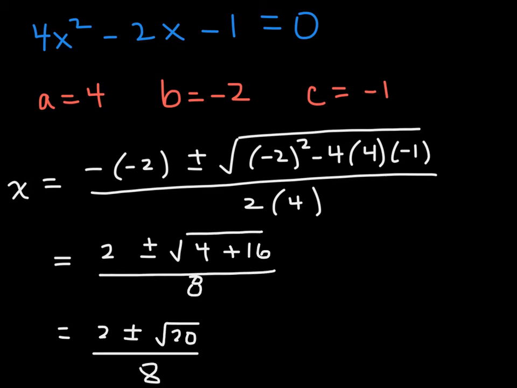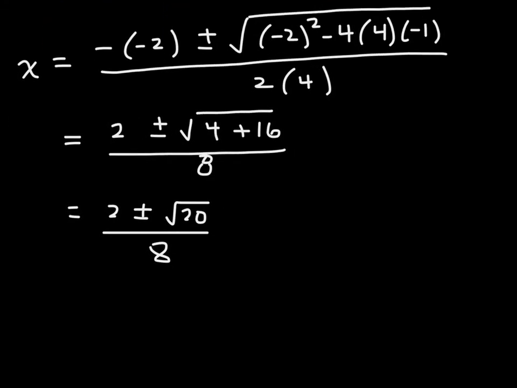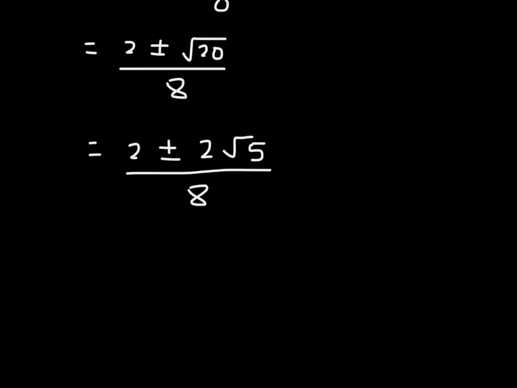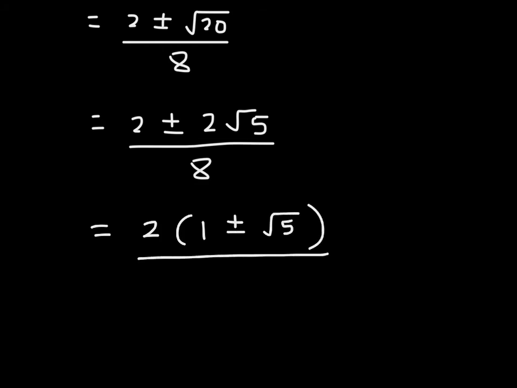Now, we're going to want to simplify this, okay? Be careful how you do that, though. The numerator is 2 plus or minus the square root of 20, which simplifies as 2 root 5. Don't forget earlier studies where we simplified such radicals. And then all over 8. And then what you can do at this point is factor out the GCF from the numerator, which is 2, leaving you with 1 plus or minus 1 root 5, all over 8.